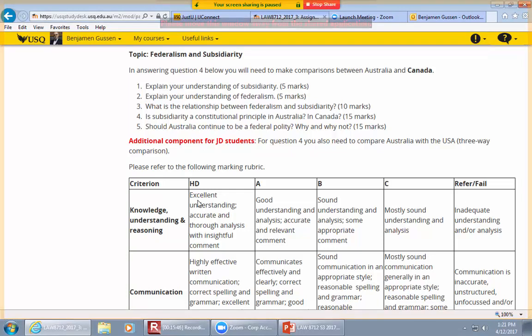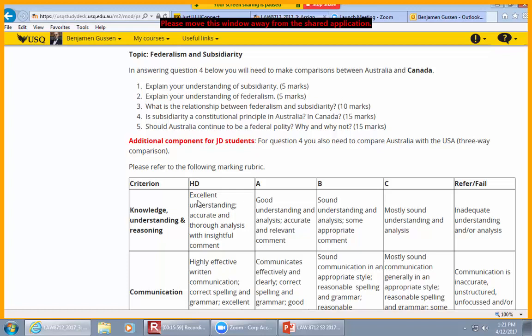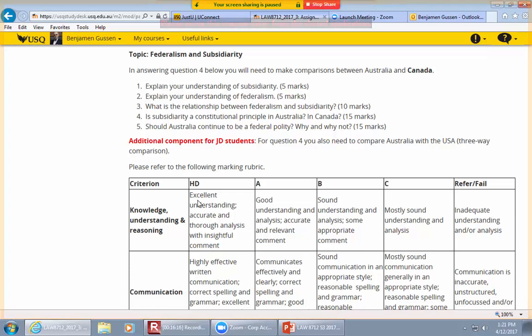between federalism and subsidiarity. So what I'm trying to do here, because this assignment really is trying to bring to your attention this idea of subsidiarity, and how subsidiarity is similar or different from federalism. Okay, and then how that subsidiarity could inform our understanding of federalism, whether it's in Australia or in other jurisdictions.